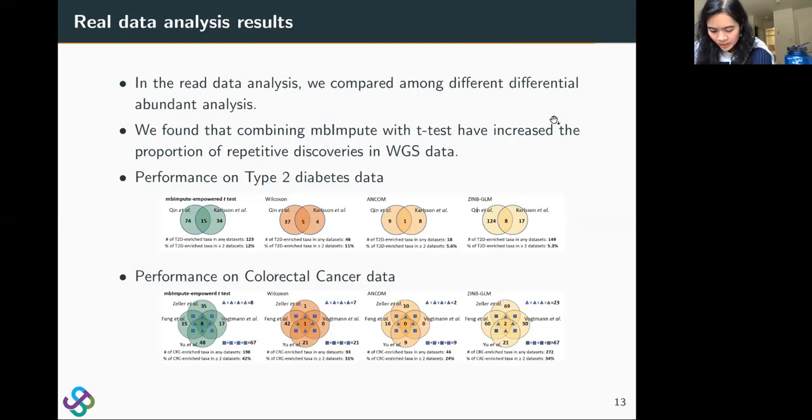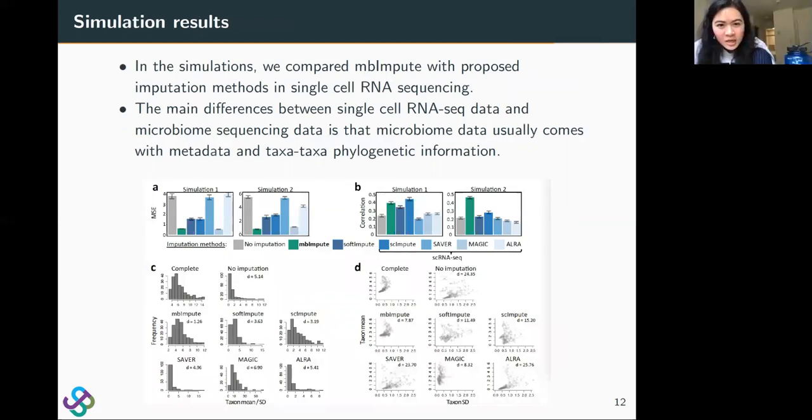And then for the simulation part, when you say figure B, what's that correlation? Oh, for each taxon, I compute the correlation between the complete data and the imputed data.